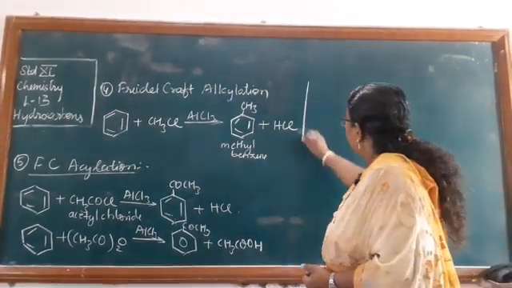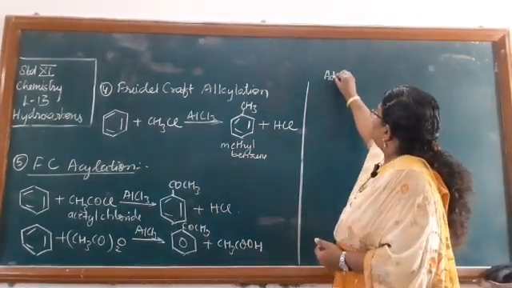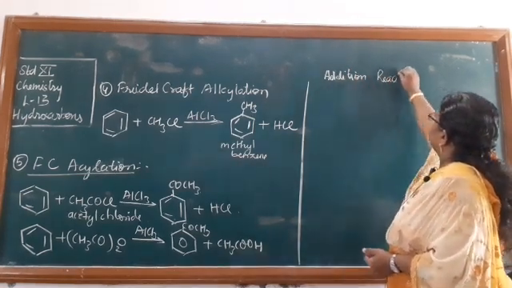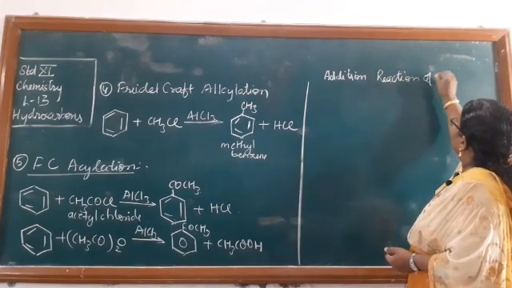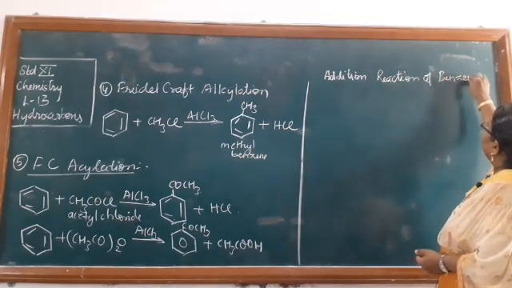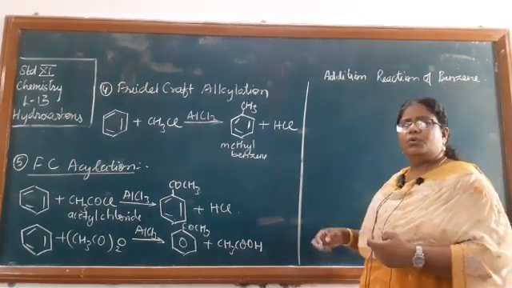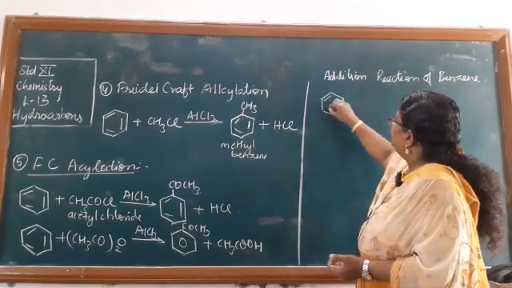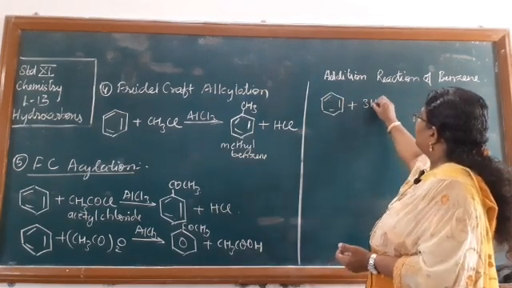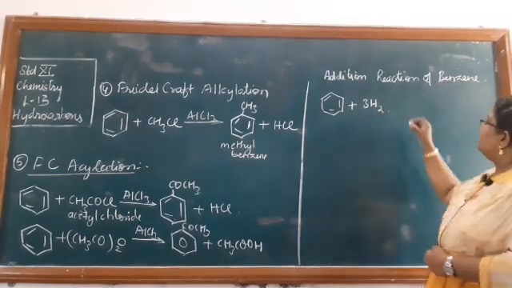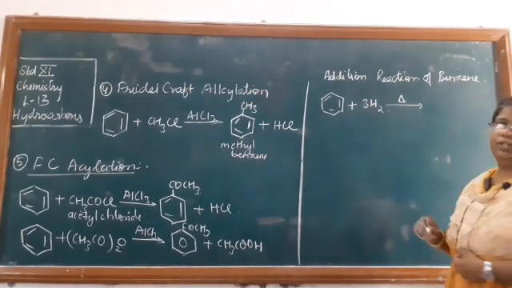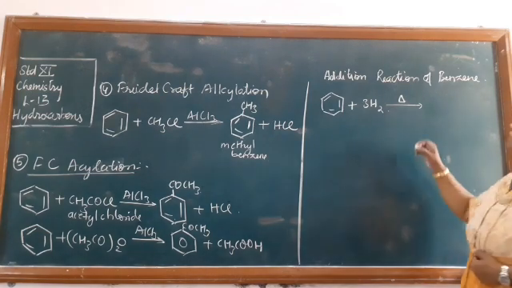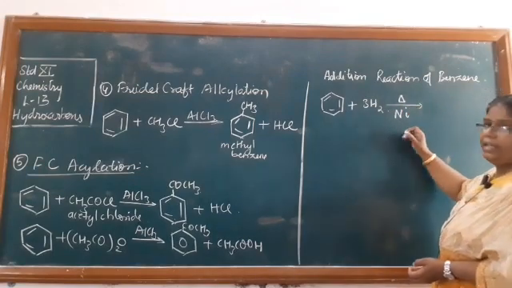Now coming to addition reactions of benzene. Next type of reaction, addition reaction of benzene, which we have discussed earlier also. Benzene undergoes addition reaction with hydrogen at high temperature, but there should be a catalyst also.